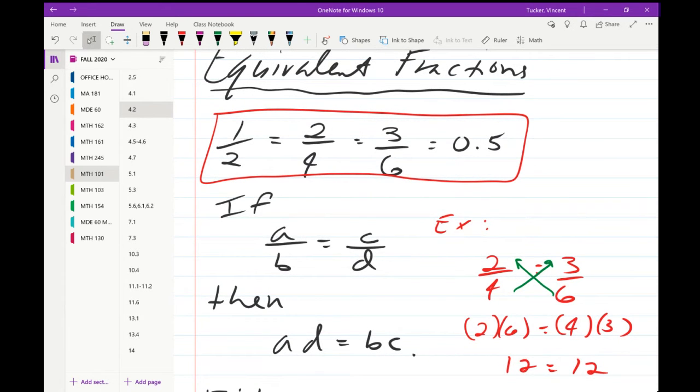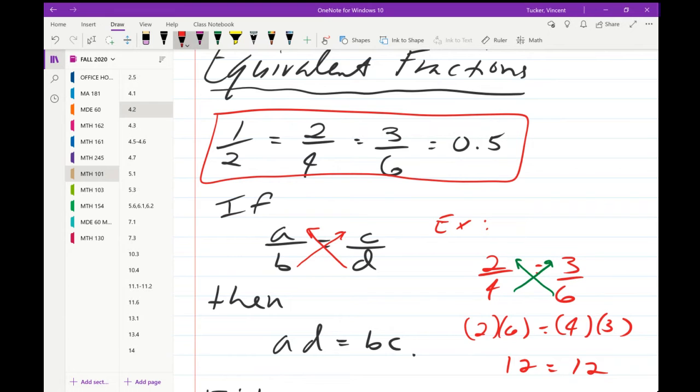If I have A over B equal to C over D, if I were to take my denominators and multiply them to the opposite numerator, A times D will be equal to B times C. If those fractions are equivalent, when I take the denominators and multiply them to the opposite numerators, you should get a true statement.